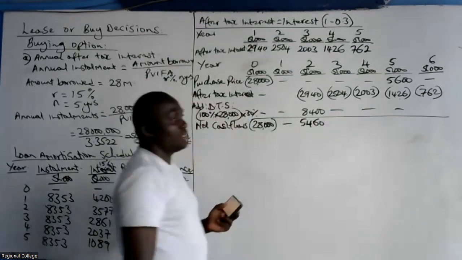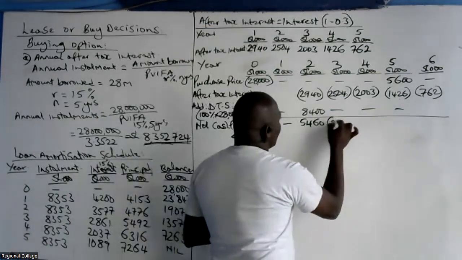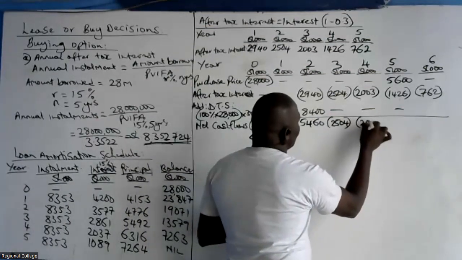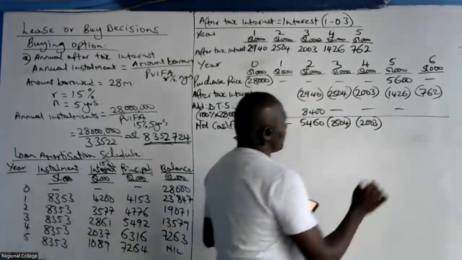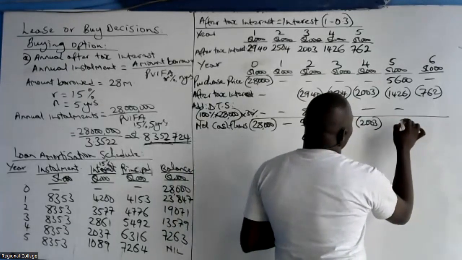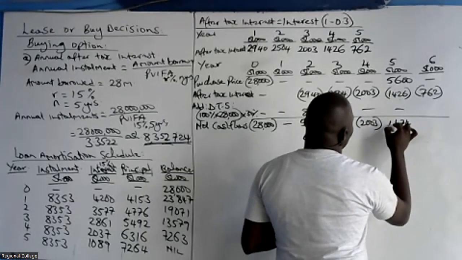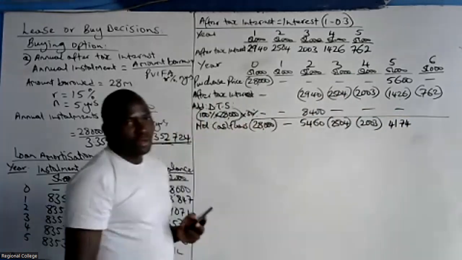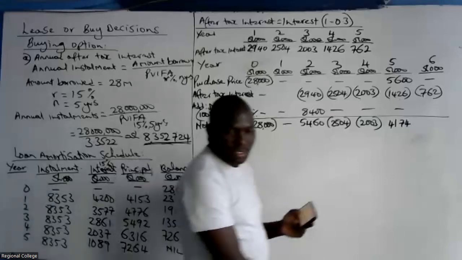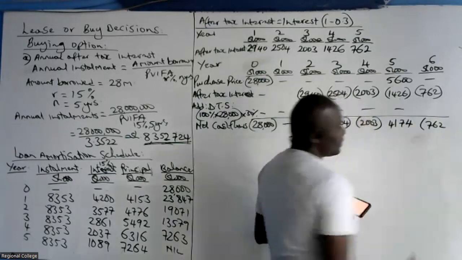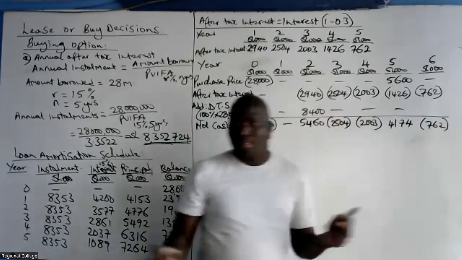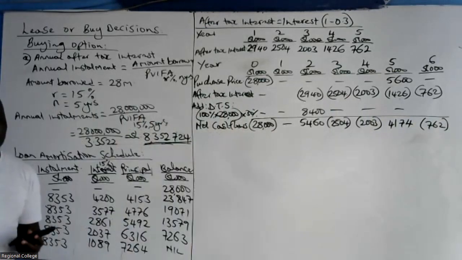Then negative 2504, negative 2003, and this one is a positive 4714, but 174 still. Then I have negative 762. The salvage value has no tax, so you're fine.